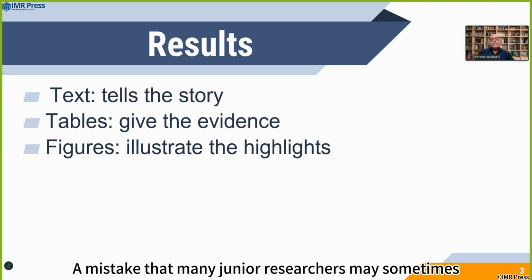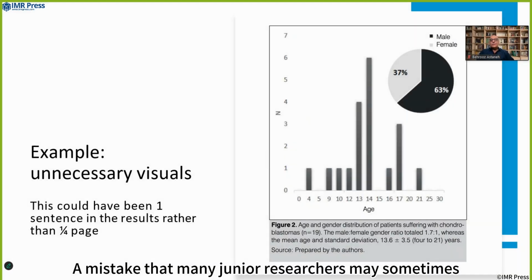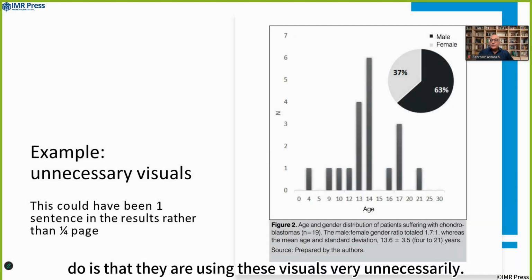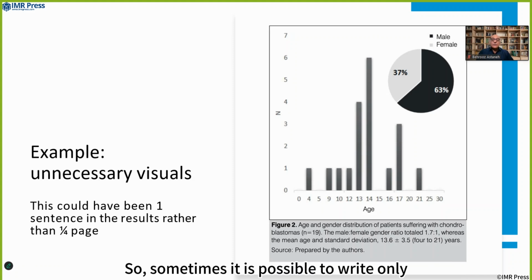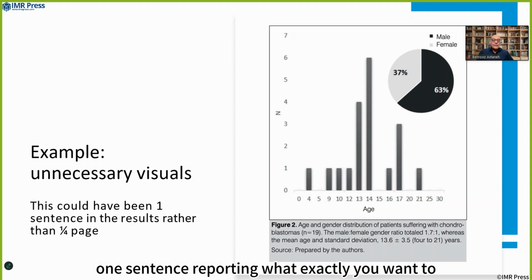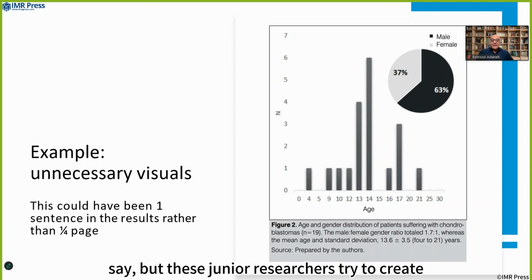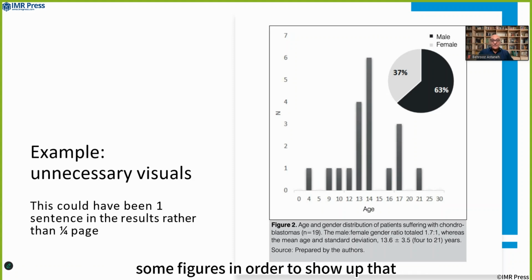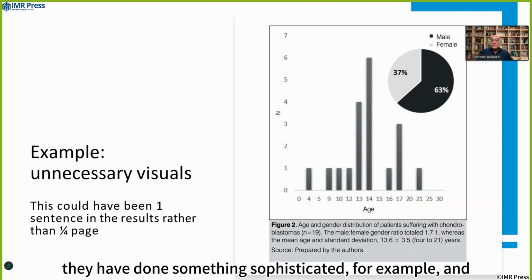A mistake that many junior researchers sometimes make is using visuals very unnecessarily. Sometimes it is possible to write only one sentence reporting exactly what you want to say, but these junior researchers try to create figures in order to show that they have done something sophisticated.